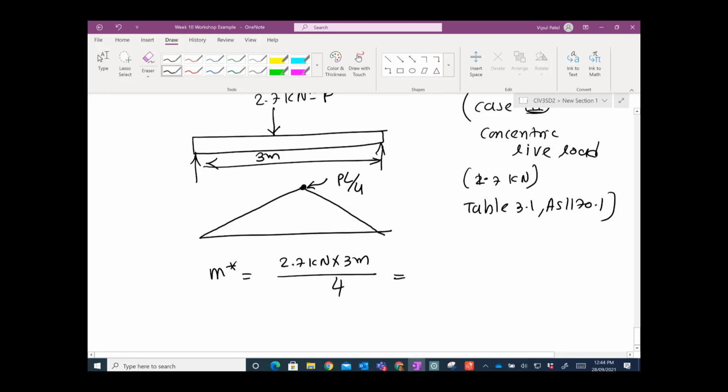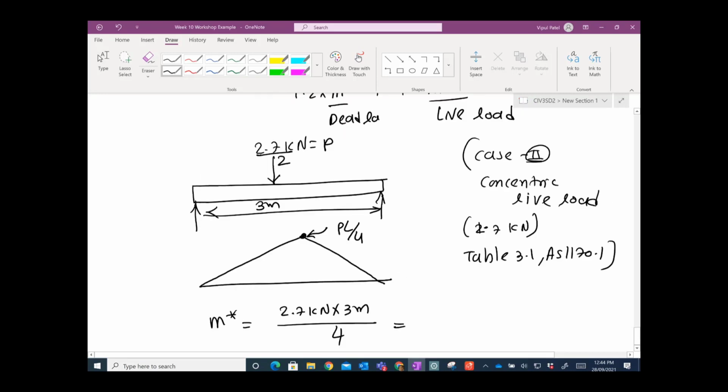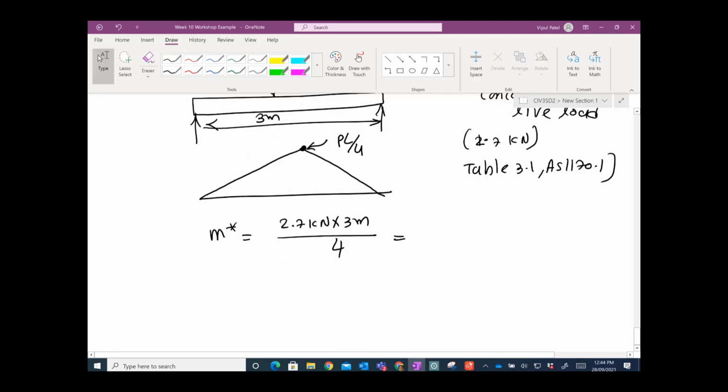We need 2.7 divided by 2, because we need it for one stringer, so 1.35. So 1.35 times 3 over 4, you get 1.01 kilonewton meters. That is the second M star.